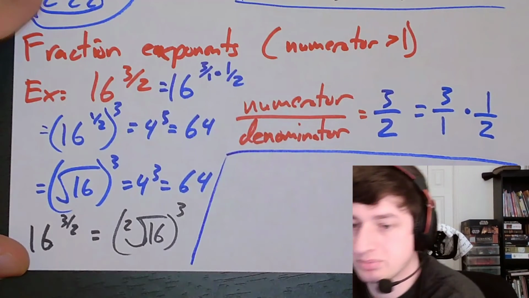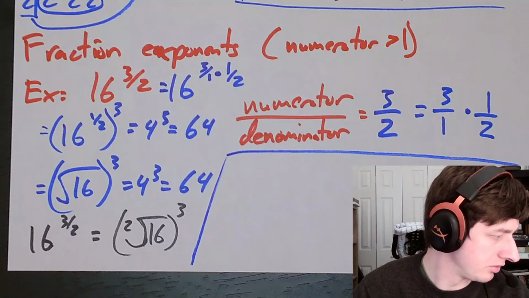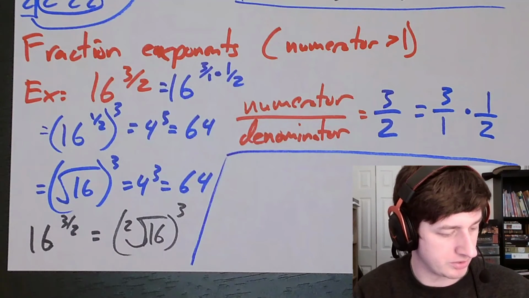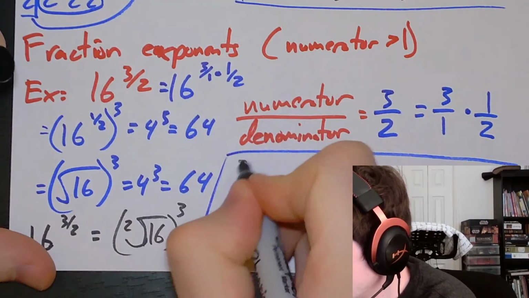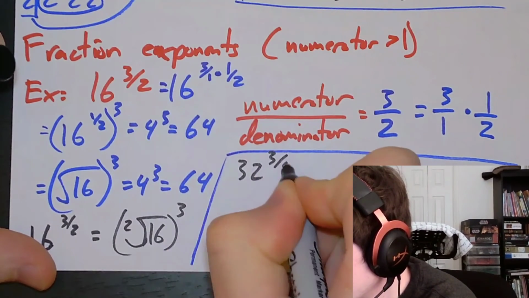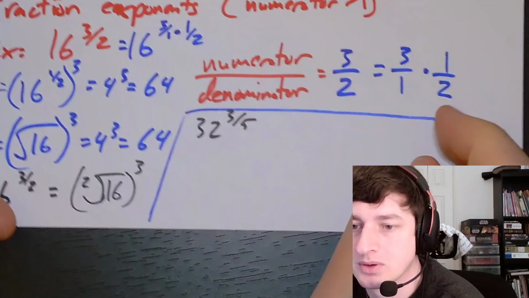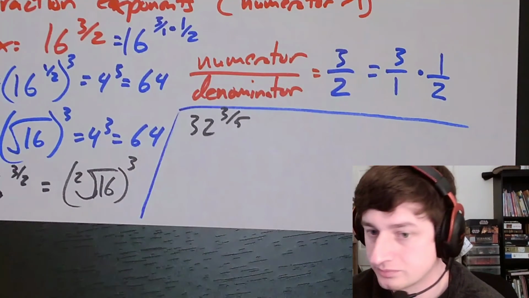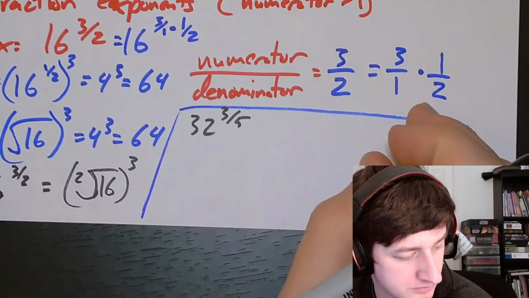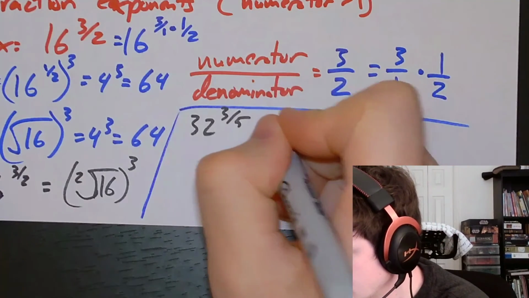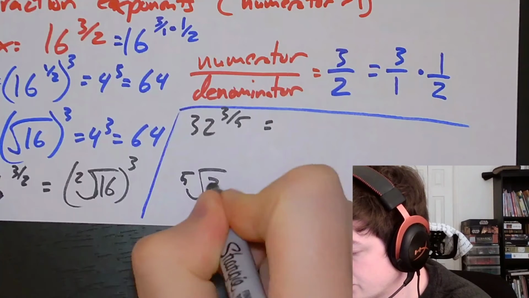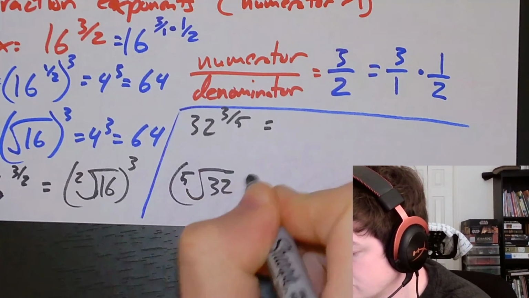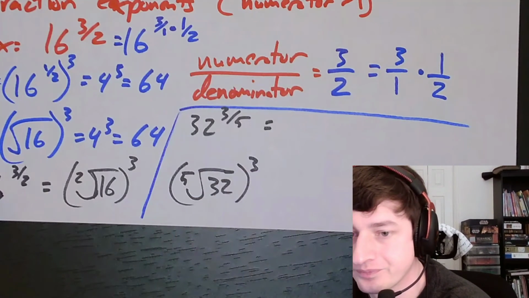Let's do one more example, and then I want to do the pattern. Here we go. 32 to the 3/5. So this would be, if you can use the shortcut, the fifth root of 32, cubed.